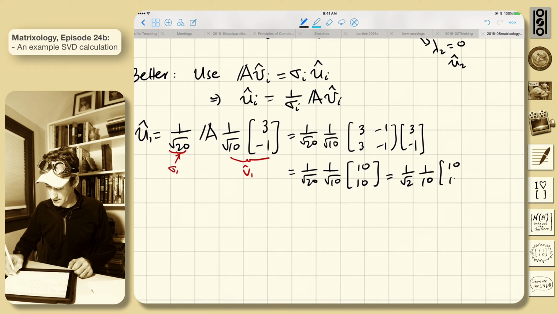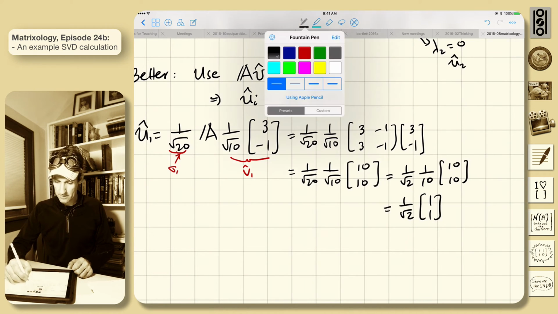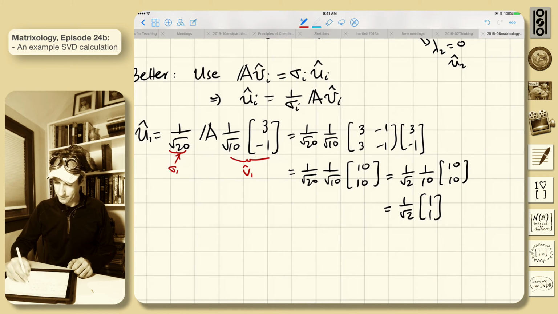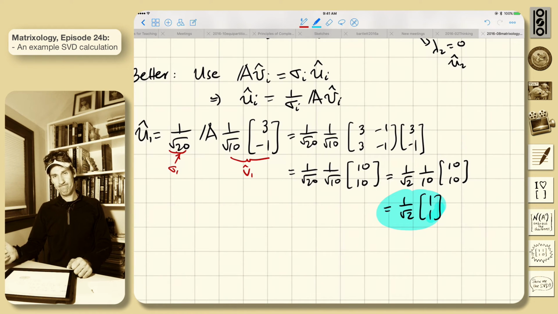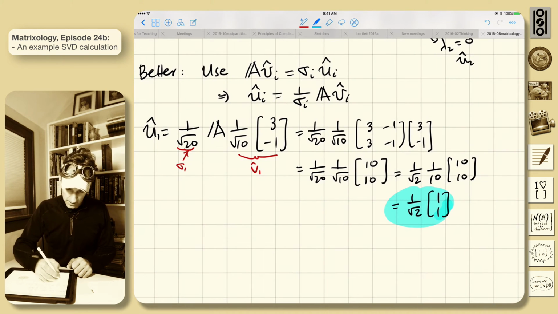So now we have 10, 10. Everything divides through, and we end up with 1 over root 2, and then 1, 1, which is a very nice kind of unit vector. Good.